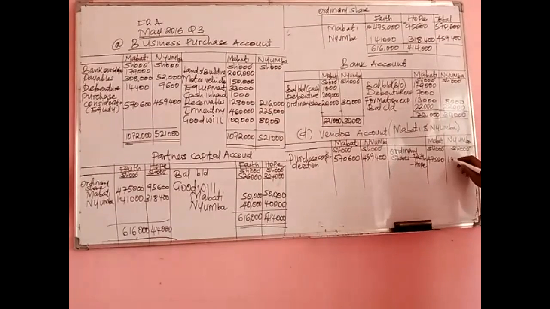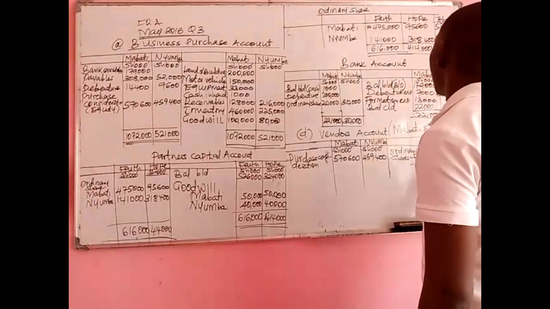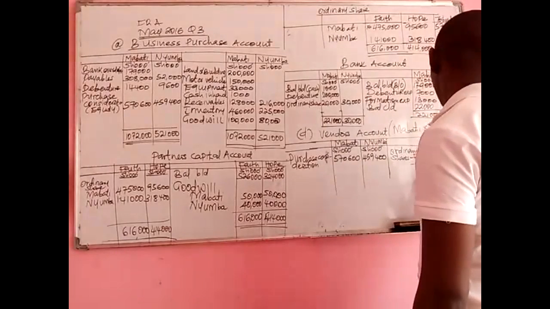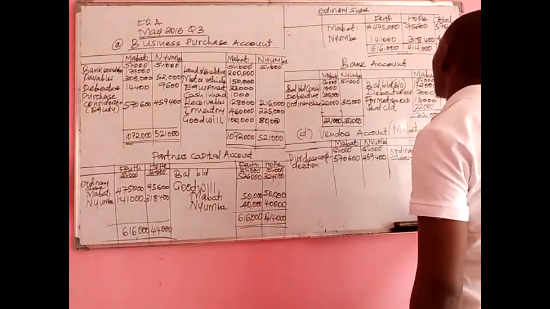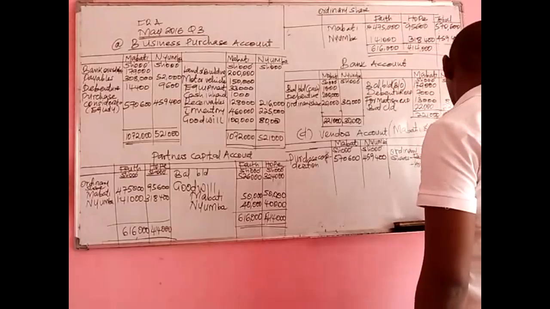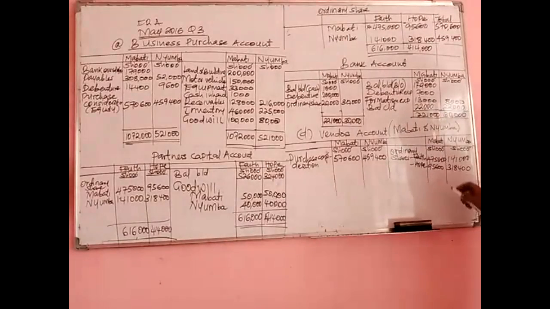Ilimpea 1. Right? Off akapewa ngapi? 95. This is down. So you balance that.